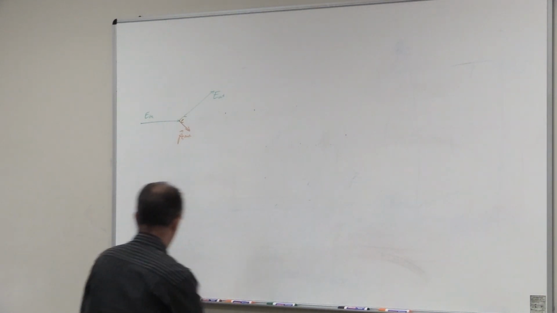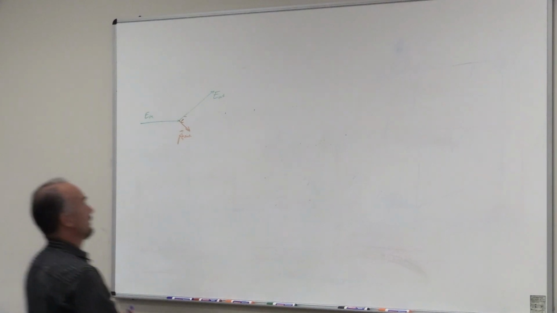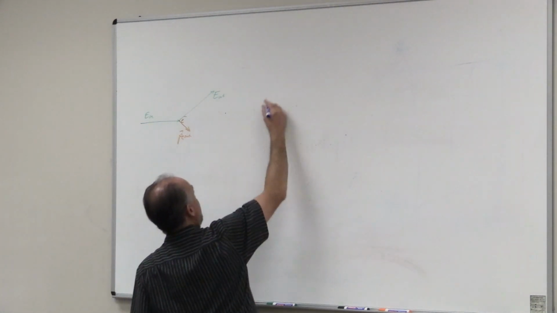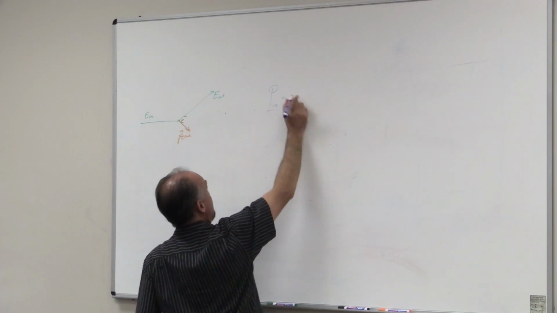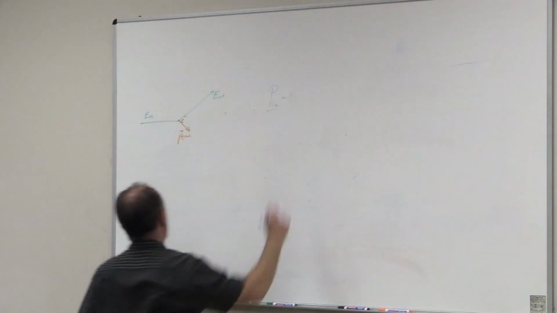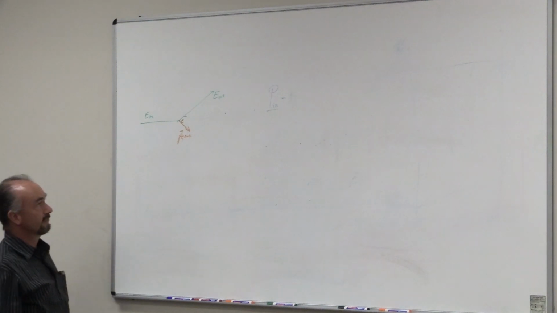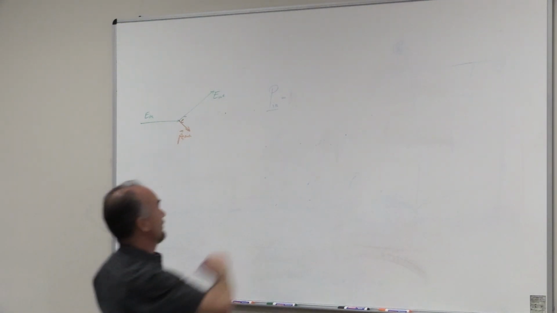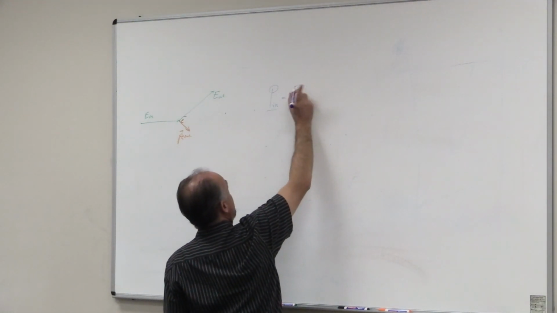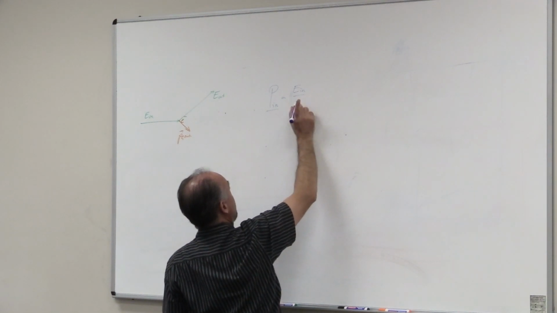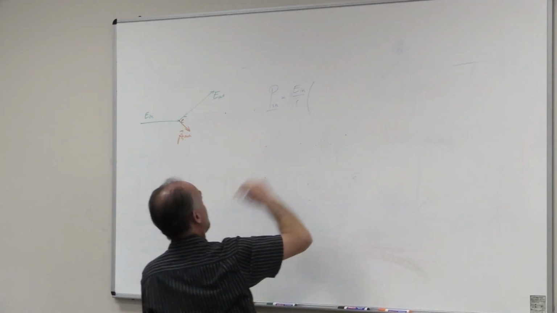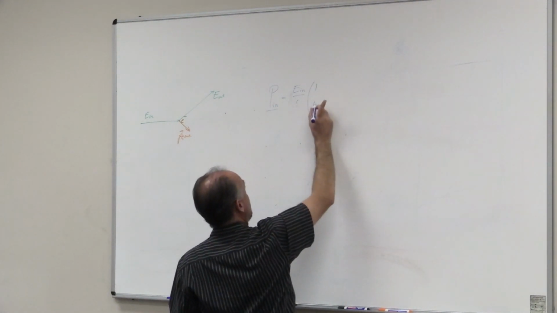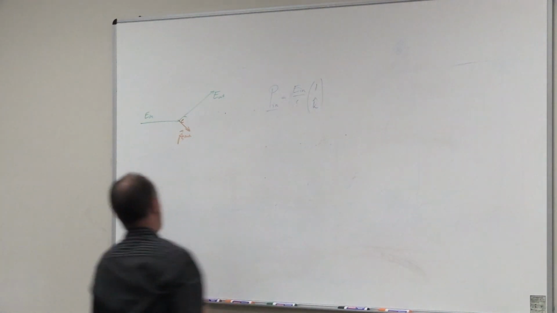Okay, should we play that same game again? What's the total momentum coming in? And that is, well, the four momentum of the photon here. The four momentum of the photon, you can read from there: E in over c, 1 and in whatever direction this goes.